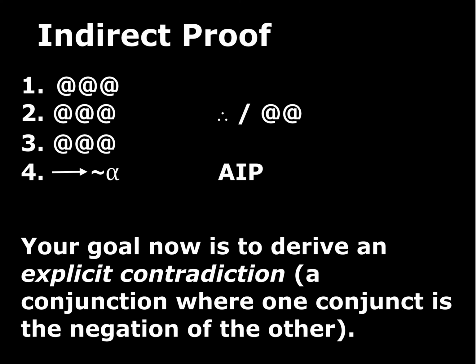What is that? It's a conjunction where one conjunct is the negation of the other conjunct. If you did a truth table for any statement with that form, you would see it's a contradiction. What it has going for it is that you can just look at it and see that it's a contradiction. I'll talk more about that later. But that's your goal, to derive an explicit contradiction.